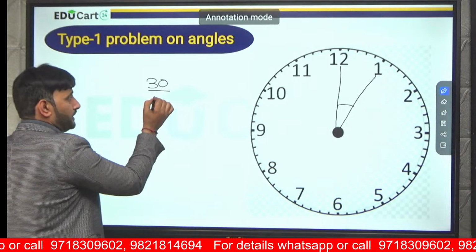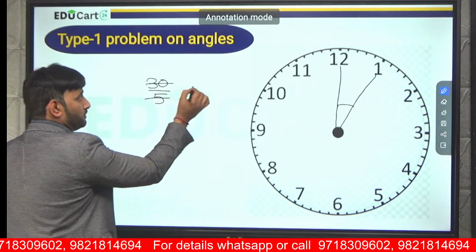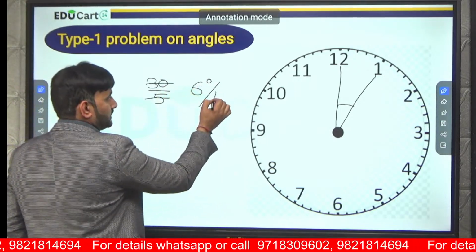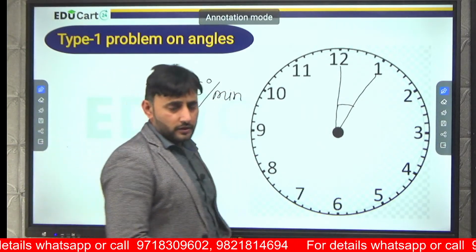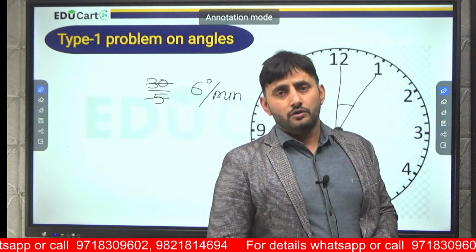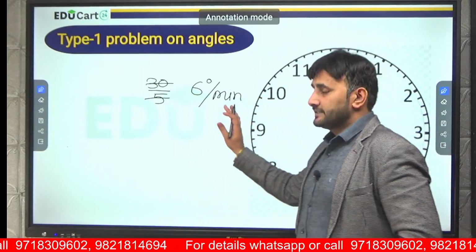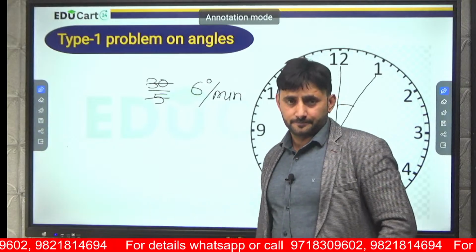So in every 1 minute, minute hand will cover how much angle? 6 degrees per minute. This is the speed of the minute hand of the clock. Minute hand of the clock moves at a speed of 6 degrees per minute.